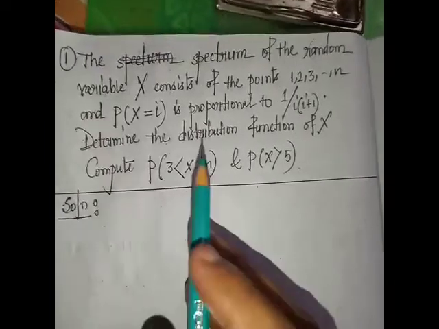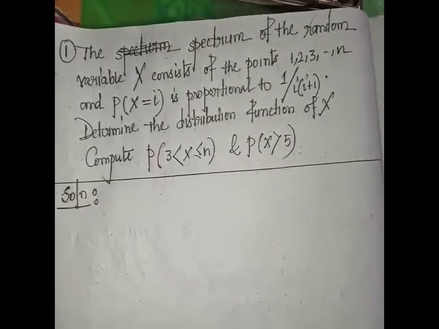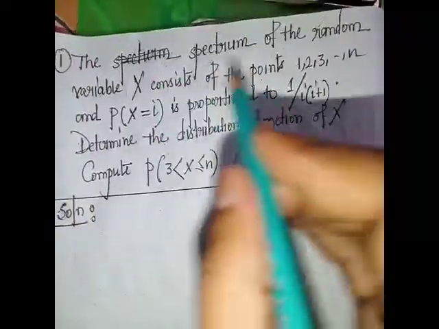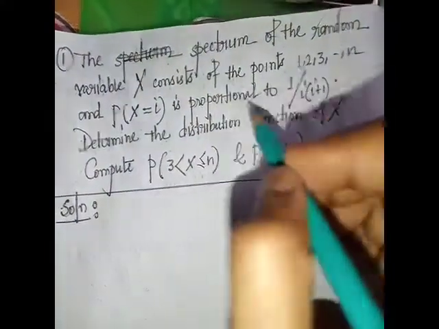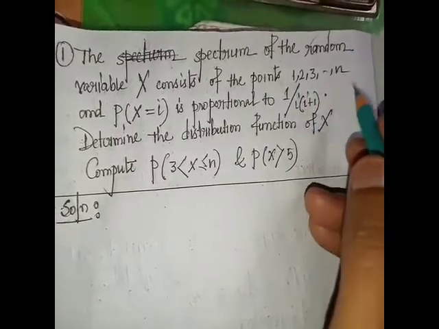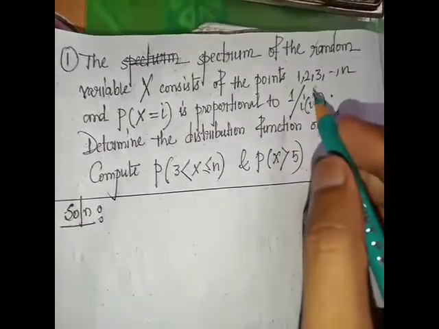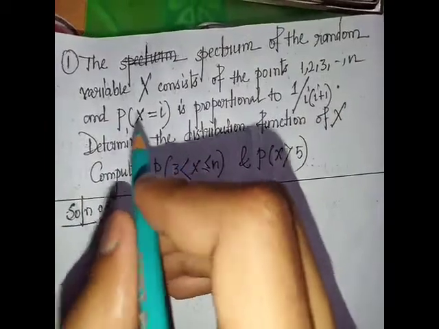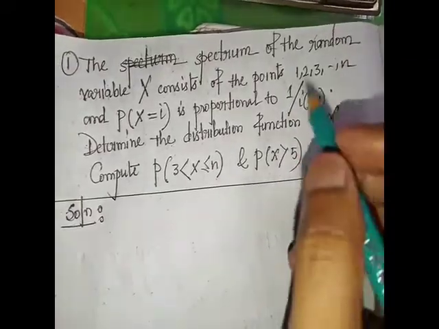Next, we discuss a problem on distribution functions. The spectrum of the random variable X consists of the points 1, 2, 3, ..., n, and the probability of X equal to i is proportional to 1 by i into (i plus 1).